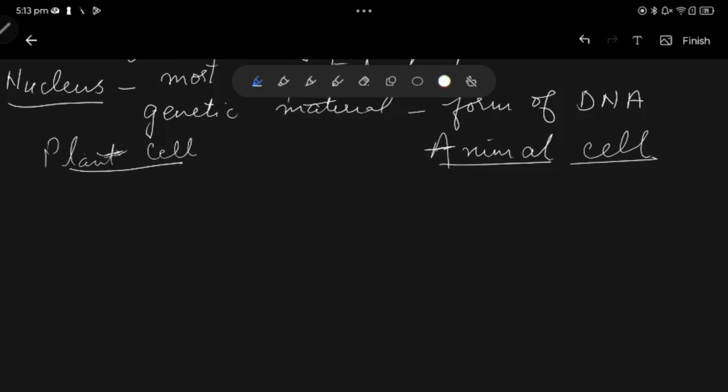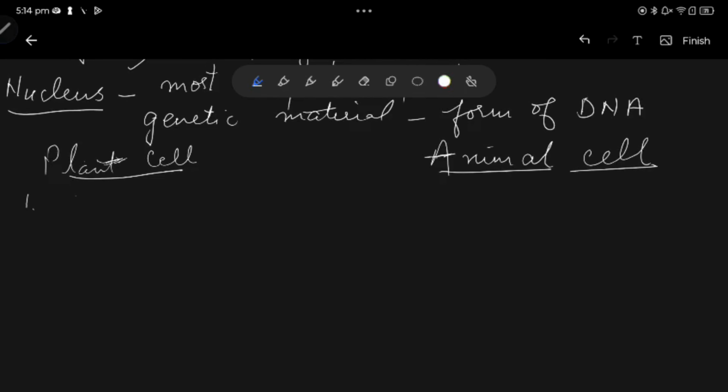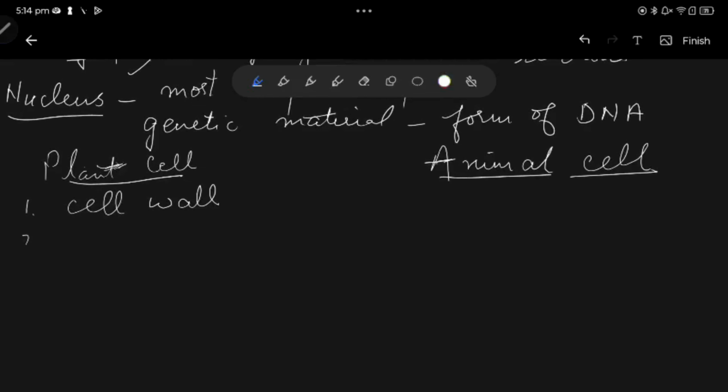Just as plants and animals are different from each other, there are some differences in their cellular makeup also. Their cells are a bit different from each other. Plant cells have some structures that animal cells don't have. For example, plant cells have a cell wall outside the cell membrane.